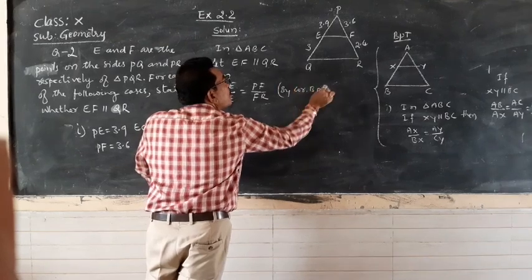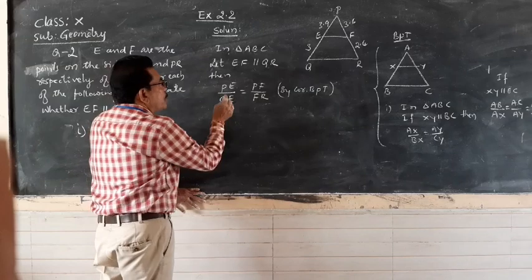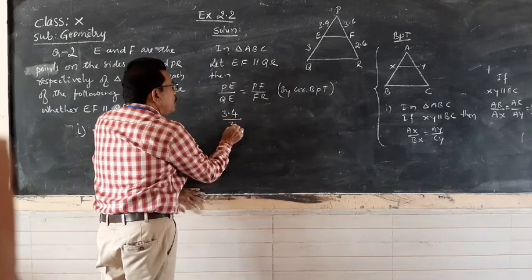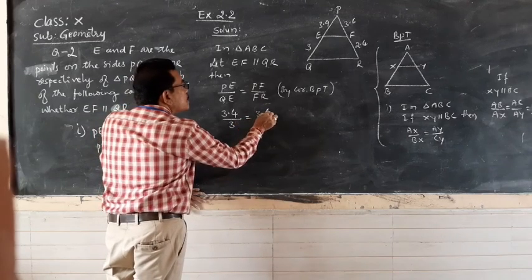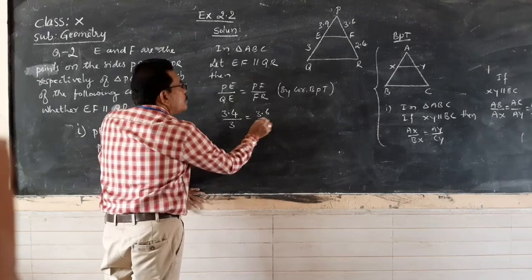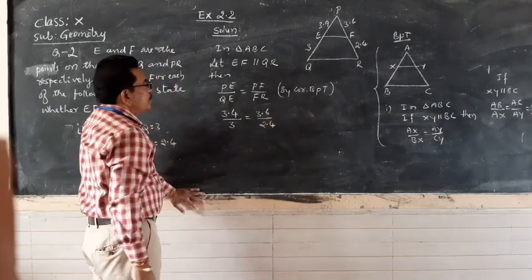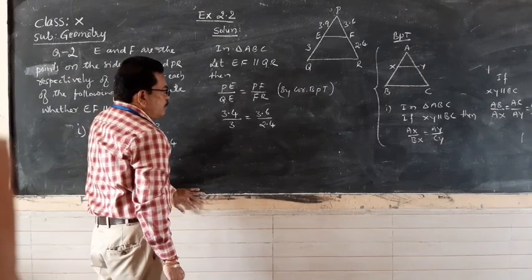The reason is by corollary of BPT. Now let us check PE 3.4, QE 3, that is equals PF 3.6 by 2.4.